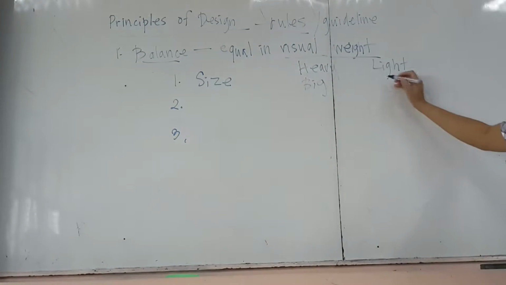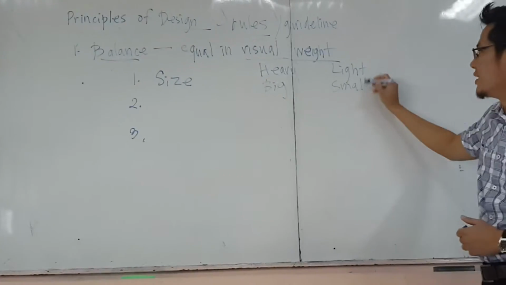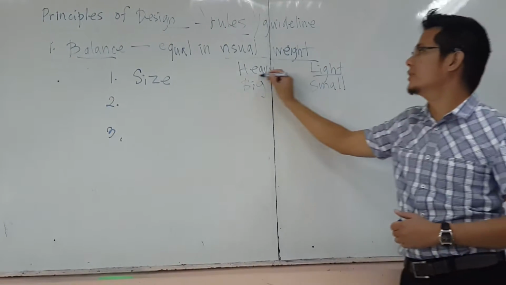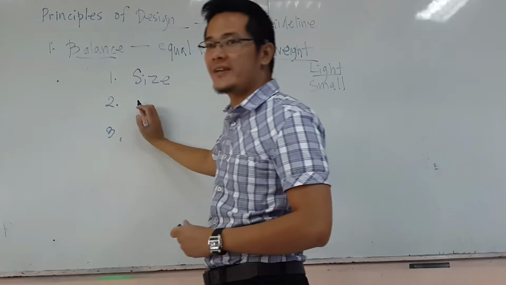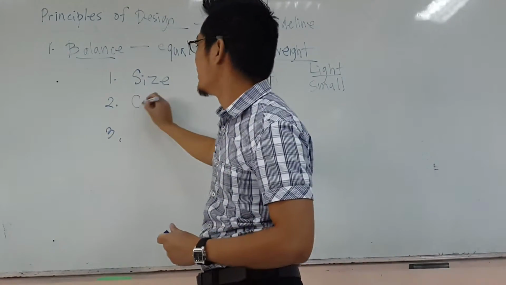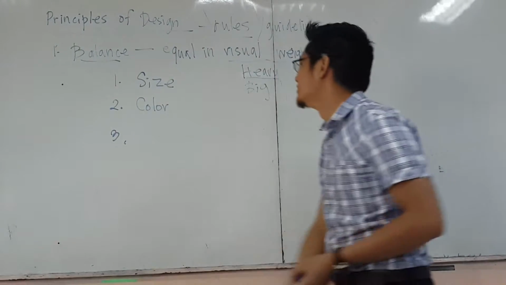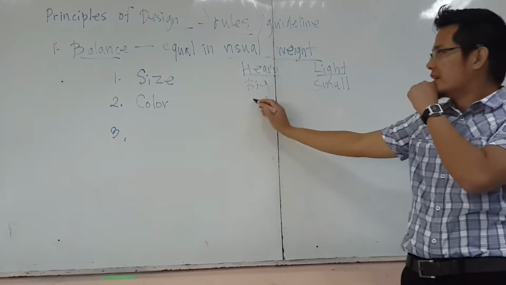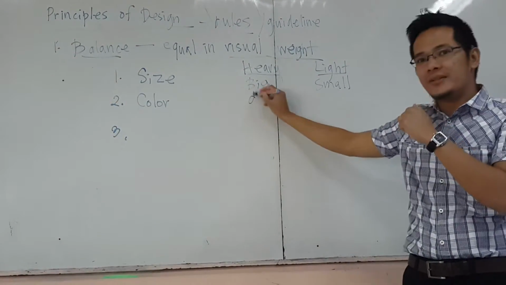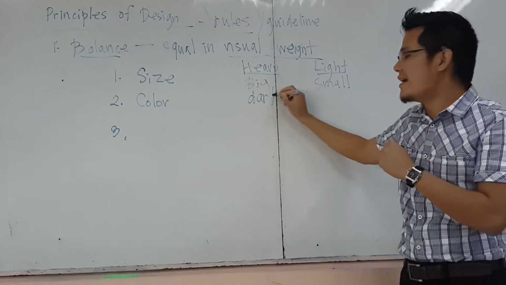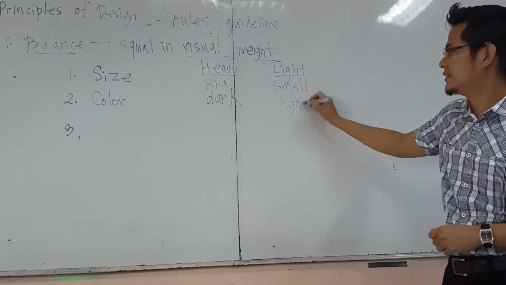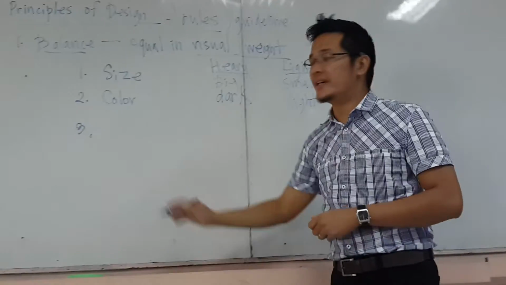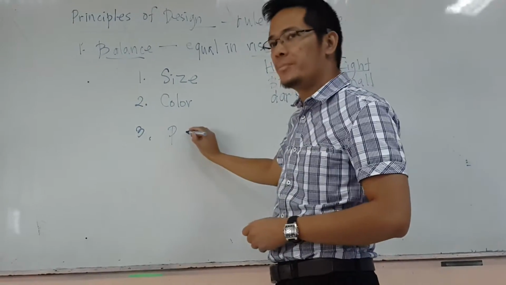Now if the object is small, then it will look light. The next factor is color. So dark colored objects appear heavy, while light colored objects appear light. And the last one is position.